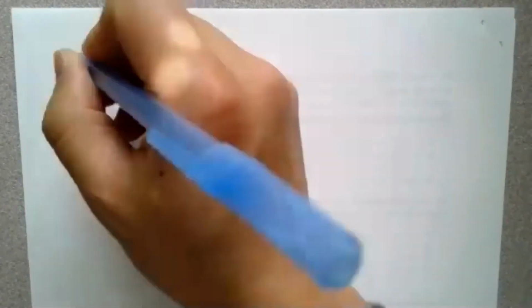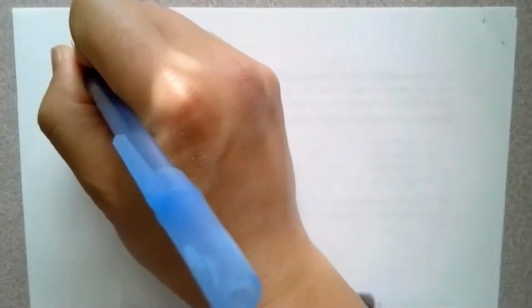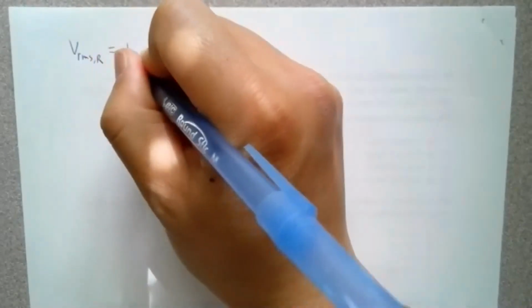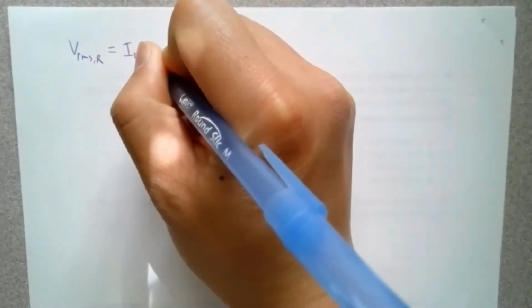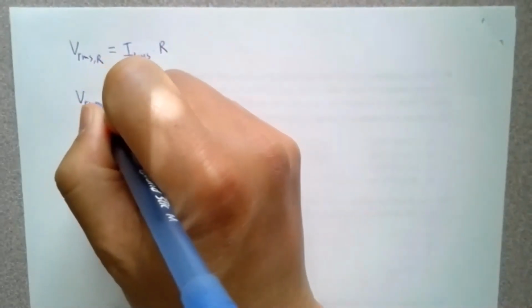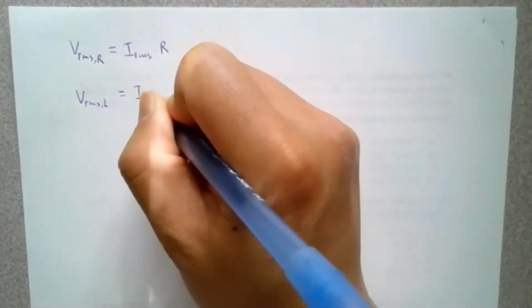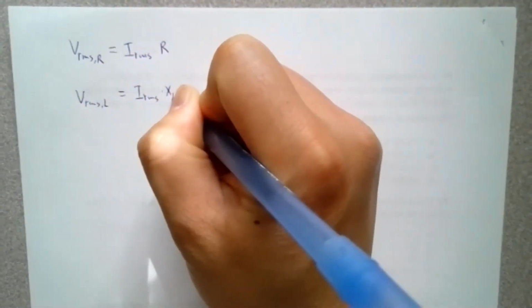All right, so let's take a look at this one together. To calculate the RMS voltage on each one, for the resistor, you need IRMS, the current, times the resistance. For the inductor, you'll be doing IRMS times XL.